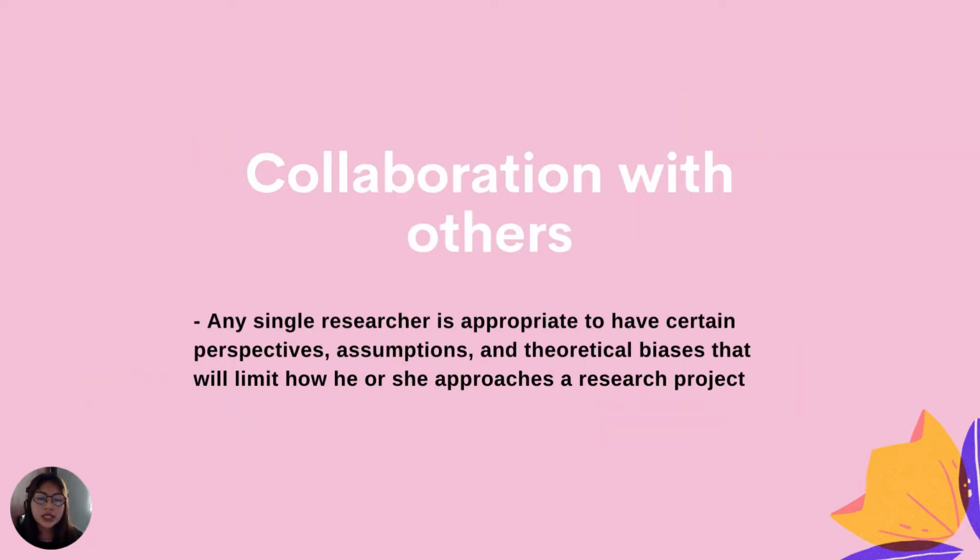And the last one is collaboration with others. Any single researcher is apt to have certain perspectives, assumptions, and theoretical biases that will limit how he or she approaches a research project.